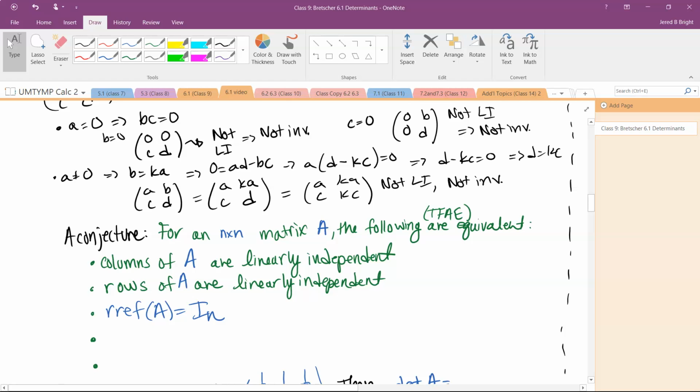If we have an n by n matrix, the following are equivalent. TFAE is a common acronym in mathematics. The columns of A are linearly independent, the rows of A are linearly independent, the reduced echelon form of A is I_n, and these are all conditions that give A is invertible.